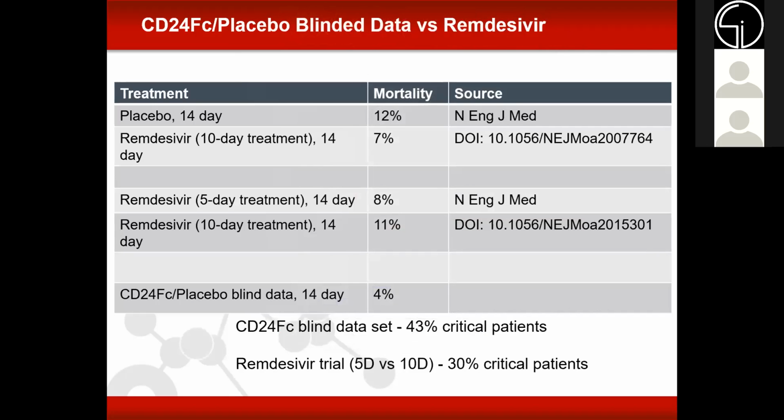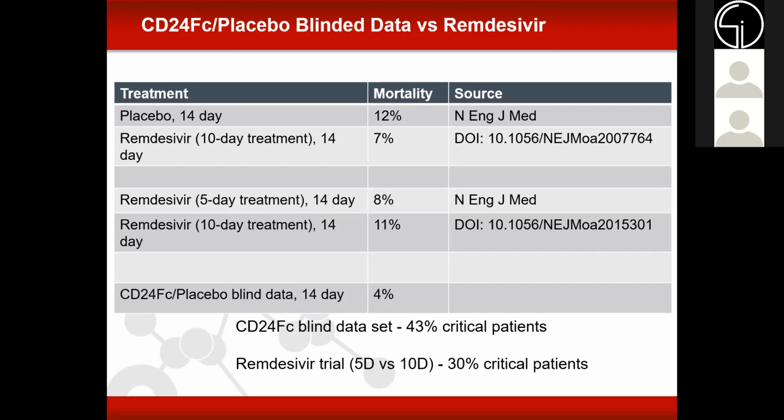Let's compare with remdesivir, another successful drug with emergency authorization use in the US. Remdesivir has 2 New England Journal of Medicine papers. One is the NIAID remdesivir trial, which used 14-day mortality: placebo 12%, remdesivir 7%.